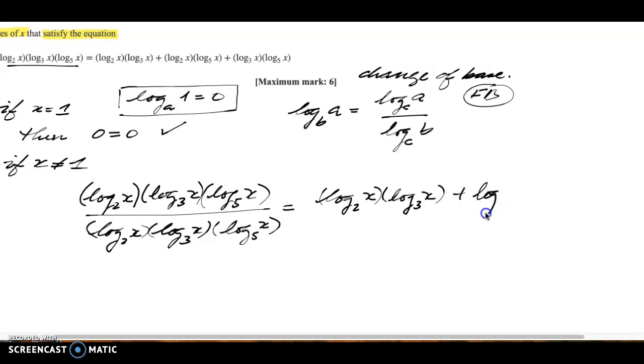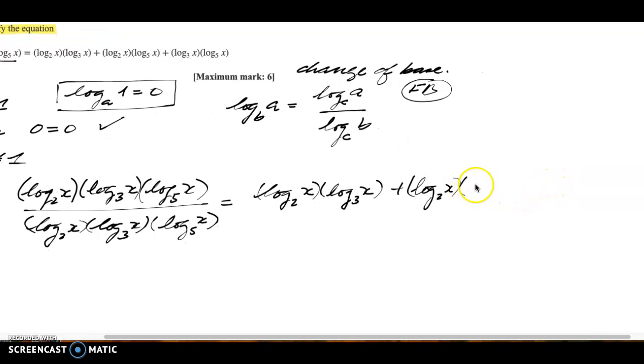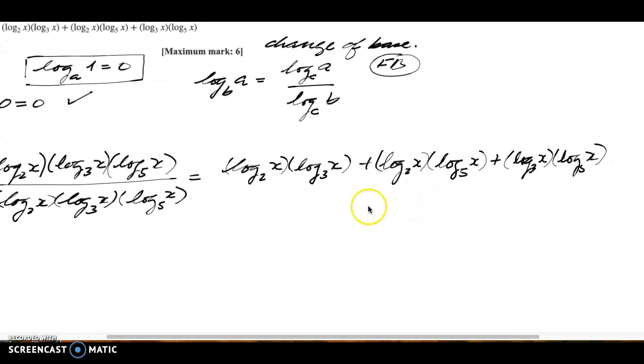It's just kind of lengthy here. So again, I'm just going to divide everything by that: log 2x, log 3x, log 5x.